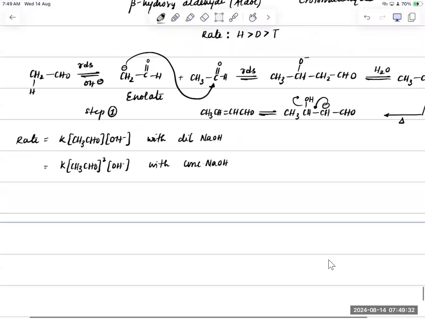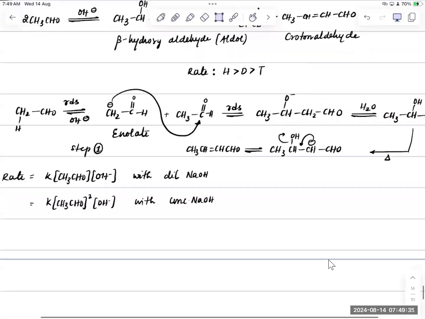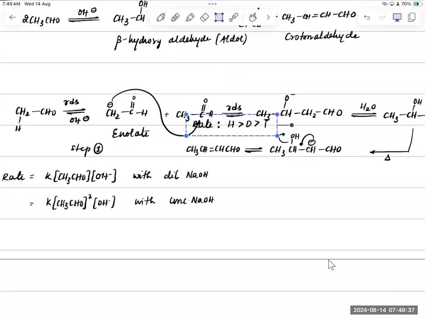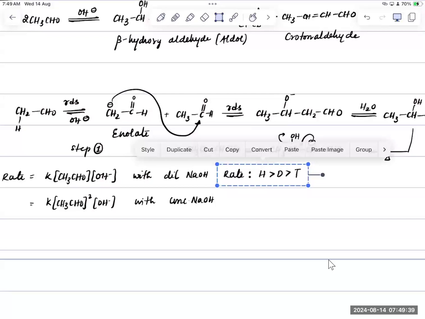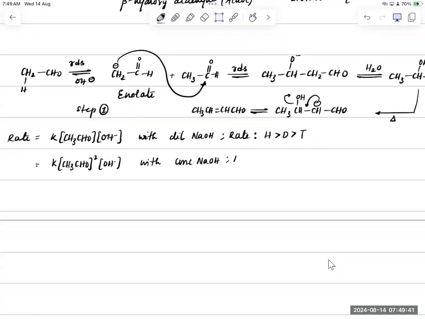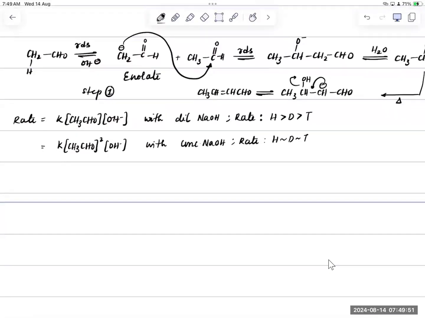Now, in this case, because the hydrogen is being removed in the first step itself, this is what will happen. If you go for concentrated cases, since the second step is RDS, hydrogen is not being removed. That's why the rate of hydrogen, deuterium, or tritium would be almost the same. This is what we need to understand.